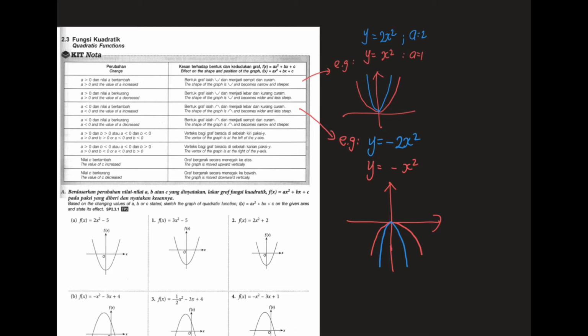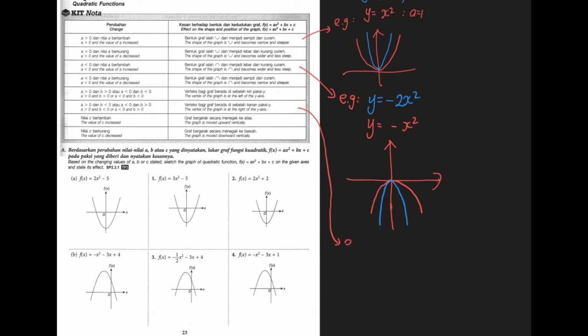Let's say, put an example here: y equals 2x squared plus 3x plus 1. So you can see a is 2, b is 3. Which fulfills the condition over there?